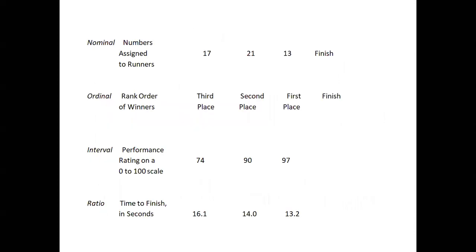Let us take a small example here: rank order of winners. Let us assume there is a running race going on in our village. There are 10 players who participated in a running race for 100 meters, and the race started.